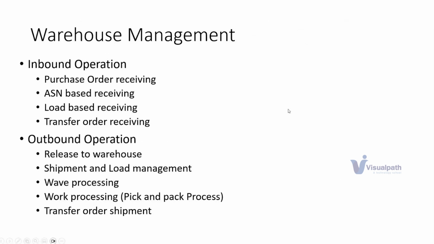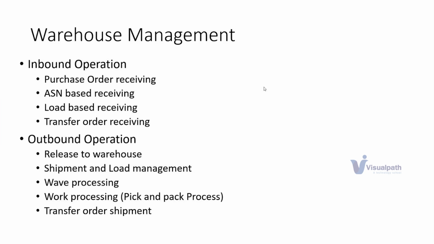So within warehouse management, we will be dealing with inbound and outbound operations. Under inbound, we will be dealing with purchase order receiving. When we are using the warehouse management option, it's a paperless receiving where the items will be received using a handheld device or an app, where they key in the purchase order number, item number, and the quantity.